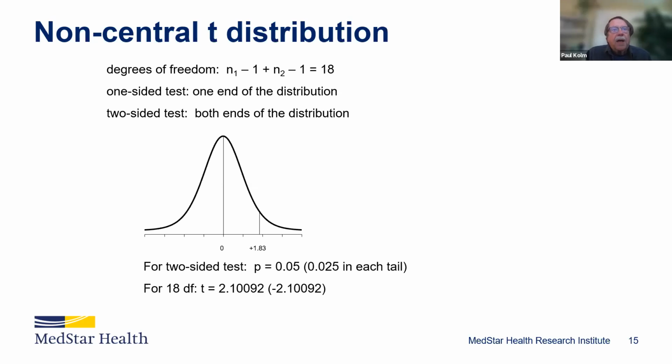So for a two-sided test with an alpha error rate of 0.05, we've got 0.025 in each tail. With 18 degrees of freedom, our t-value is 2.1, or in the other direction, it could be minus 2.1.